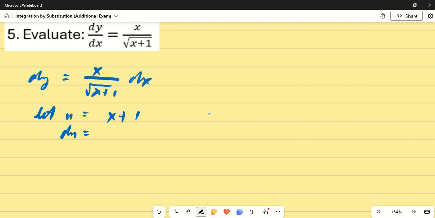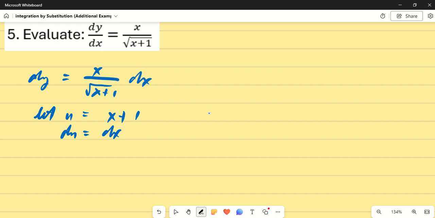So du is equal to d over dx is equal to 1, or du is equal to dx. Okay, but our problem here is you have your x dx, and we cannot replace your x dx with du alone. So we need to do formula transformation.